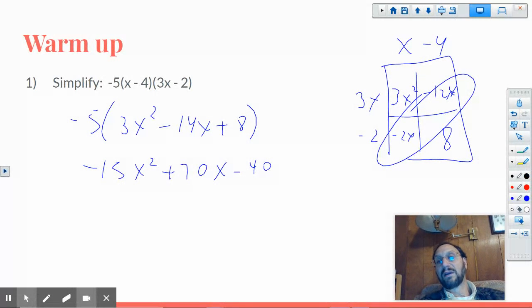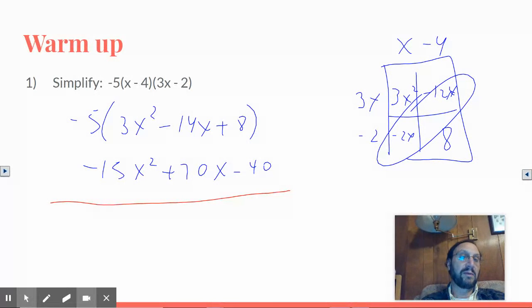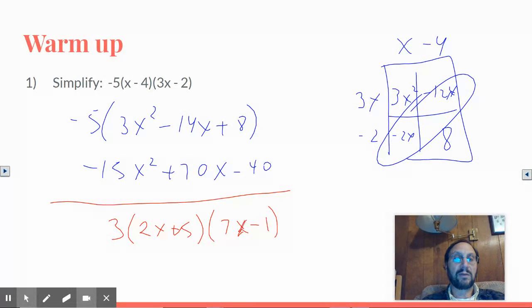That's it. So if you want to take a second, I'll make a real similar problem. If you have 3 times (2x + 5), and another binomial of, let's make it interesting, (7x - 1). Do the binomial expansion, and then multiply by 3.